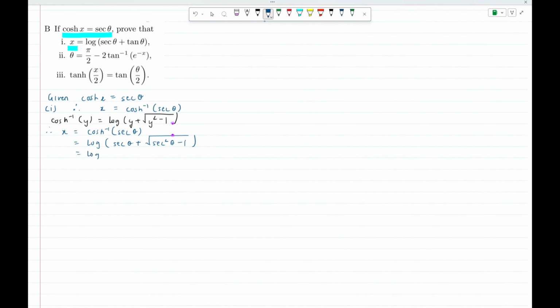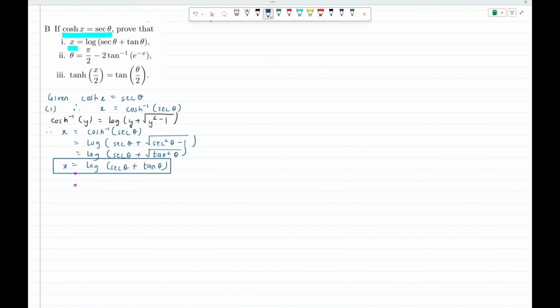Now, we are very well aware of the identity relationship between tan square and sec square theta. So this is going to be square root of tan square theta, using 1 plus tan square theta is equal to sec square theta, which gives us x is equal to log of sec theta plus tan theta. And that is the first part of your problem.